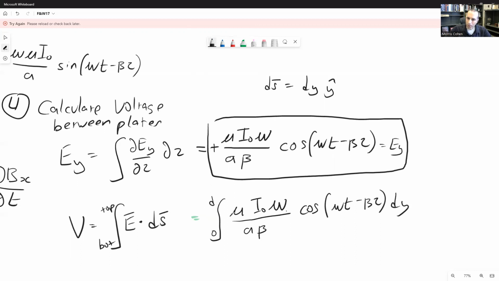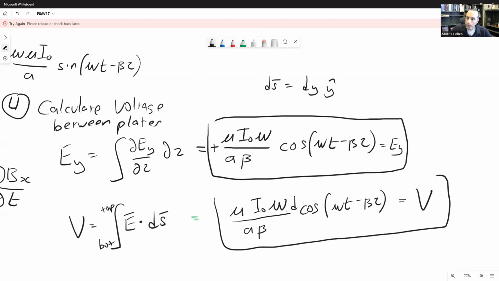Now, because everything in the integrand is constant with respect to y, there's no y dependence, this integral is extraordinarily simple to do. We can just get rid of the dy in the integral and multiply it by d. This is the integral of a constant, and so let's throw in a d right there. So here we have it. We've got the voltage in between the plates.